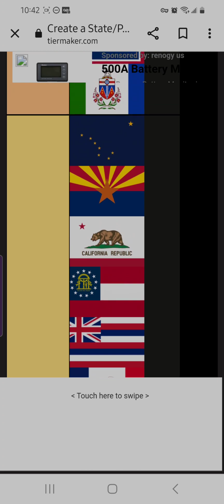Either good seal design or good flag design. These flags are where you actually want to see the flag. You actually think the flag is a good flag.